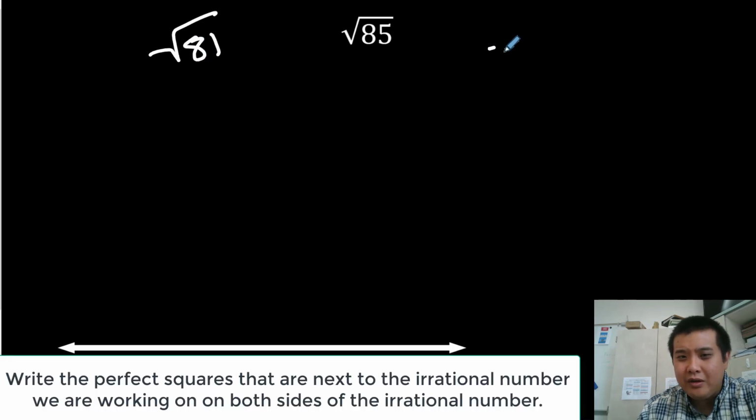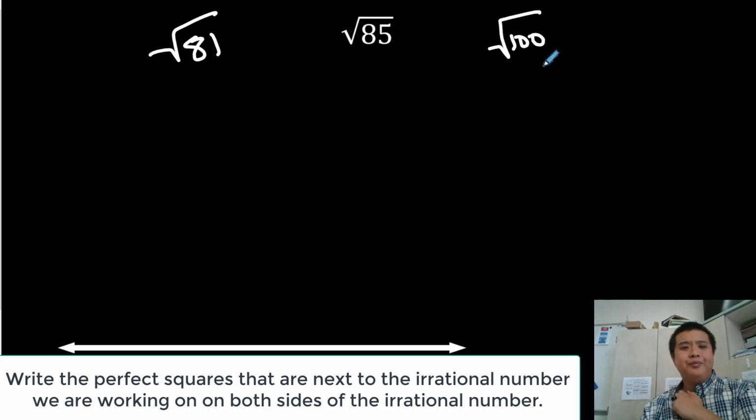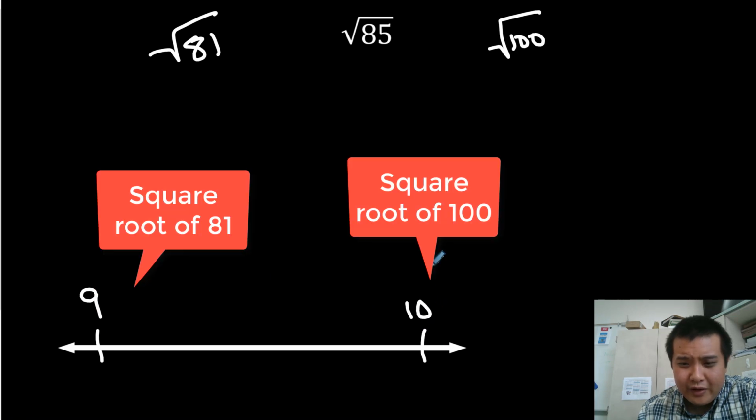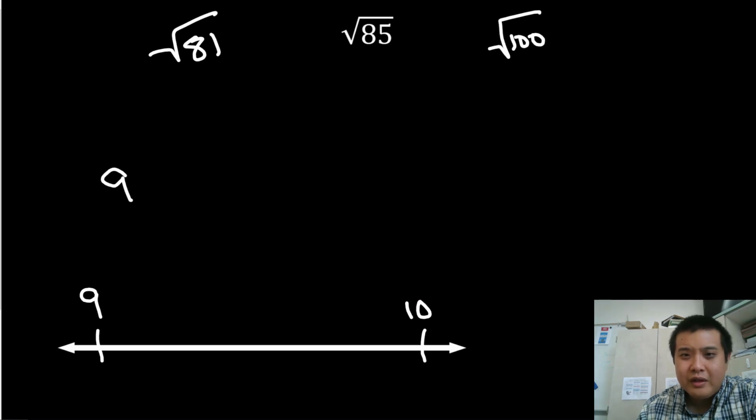Conversely, 10 times 10, the one above it, is square root of 100. So we know our answer is going to be between 9 and 10, which means our final answer is going to be 9 point something. So let's write that 9 right here.